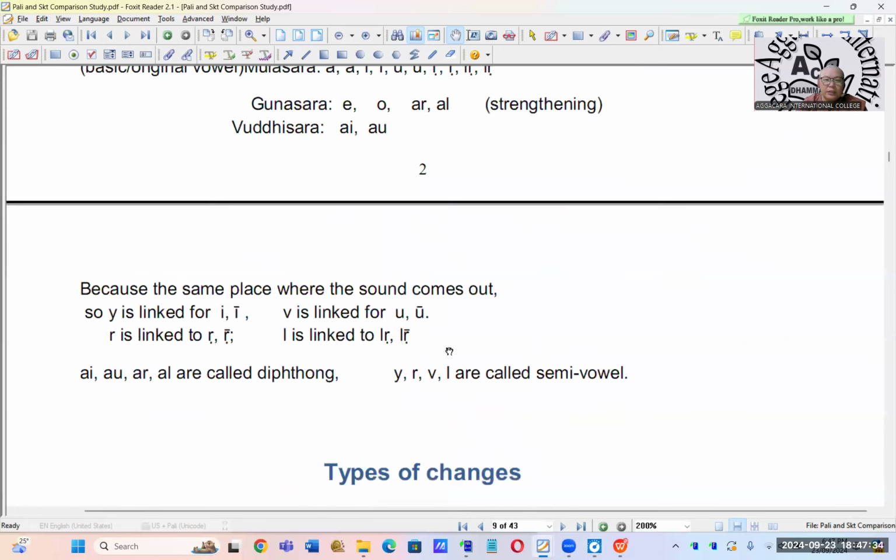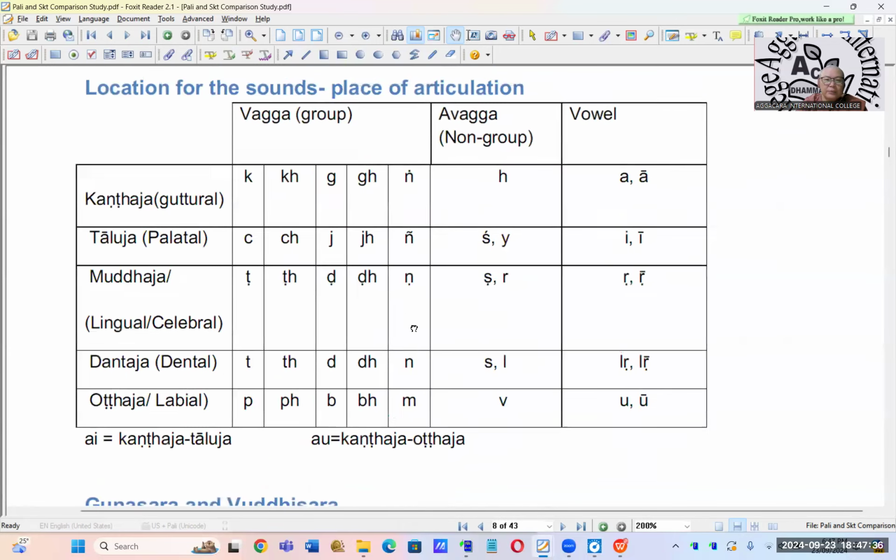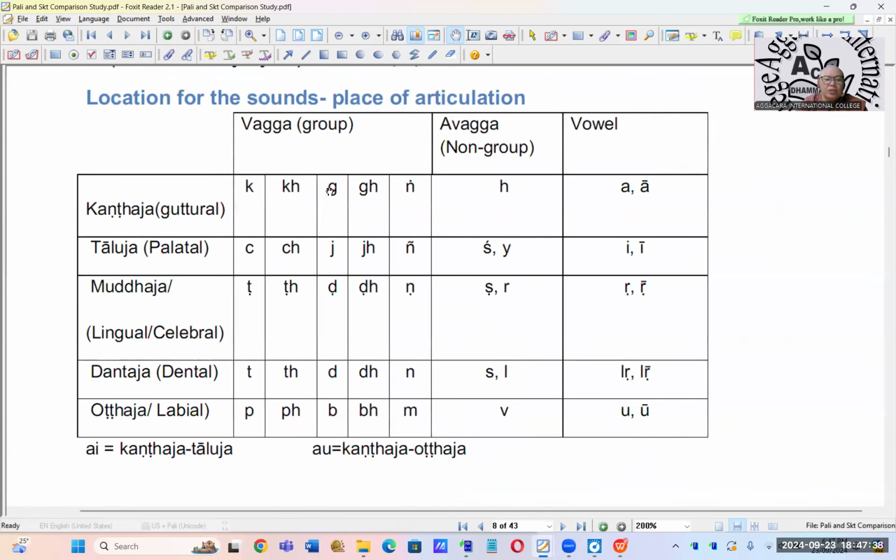Same group is the earlier one when we see this one. K can change it to G. KH can change it to GH. This one we call it same group. Like C can change it to J. CH can change JH, the same group. Or T can change it to D. TH can change it to DH, so the same group.